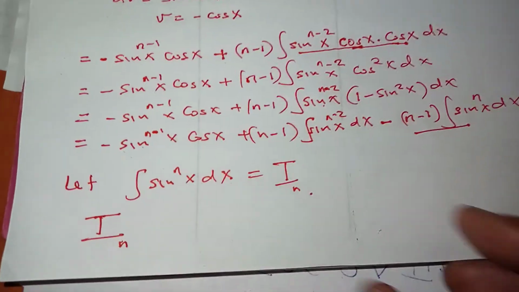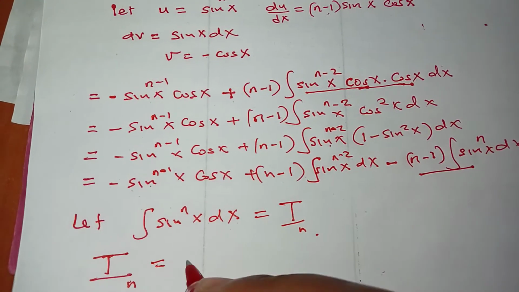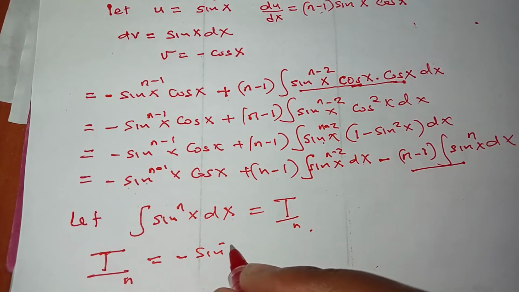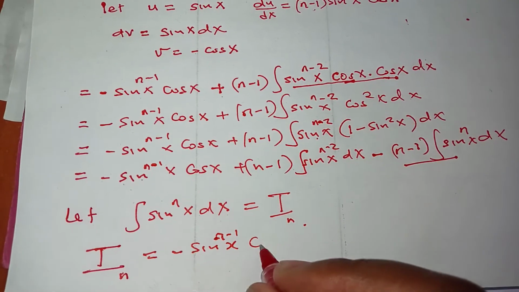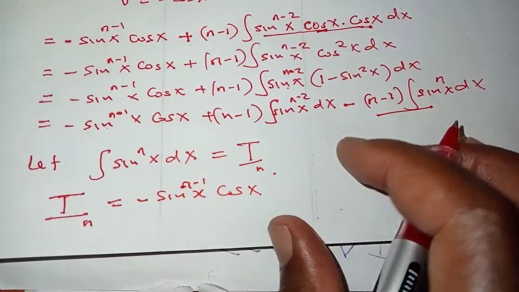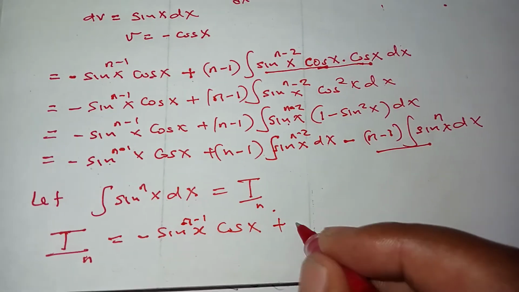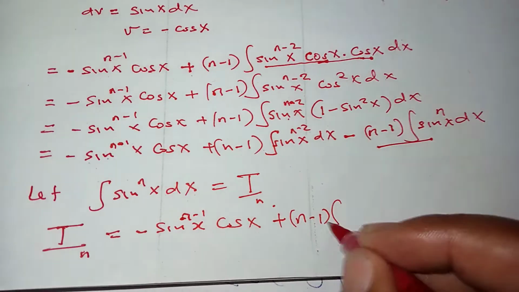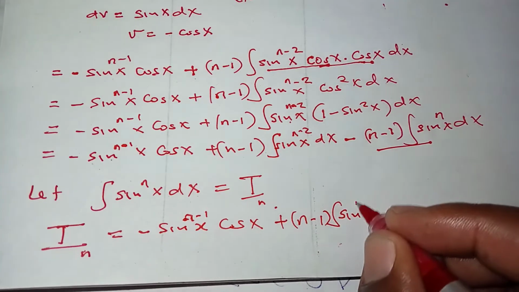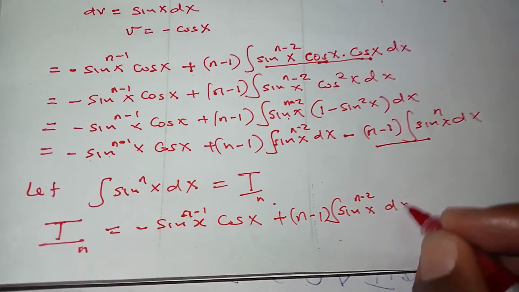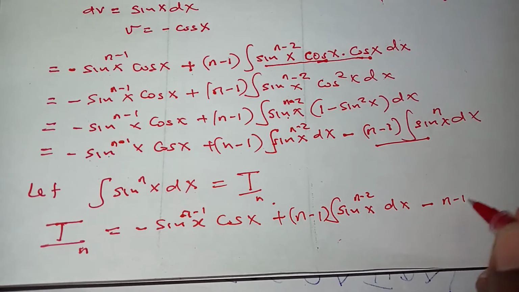What I'm trying to do is this integral, and then we equate it to minus sine of x to the power of n minus 1, then cosine of x, plus n minus 1 times the integral of sine of x to the power of n minus 2 dx, minus n minus 1.